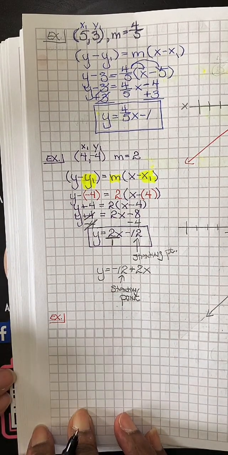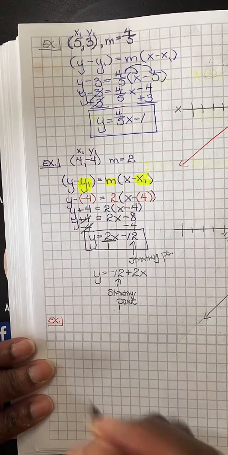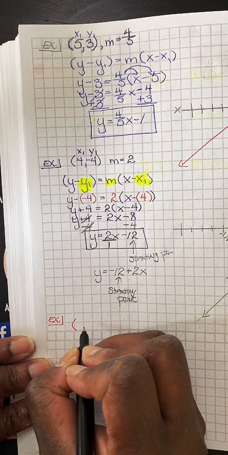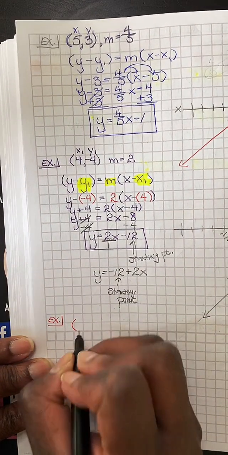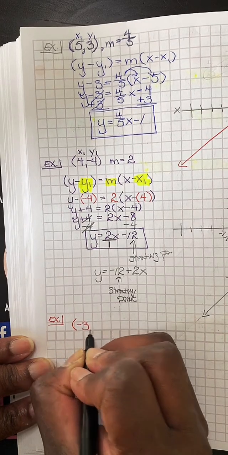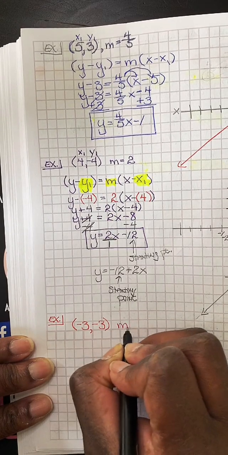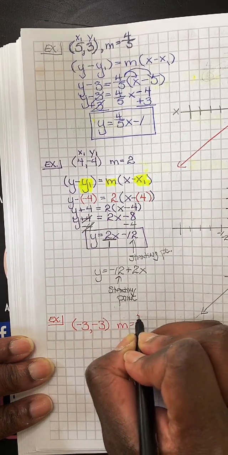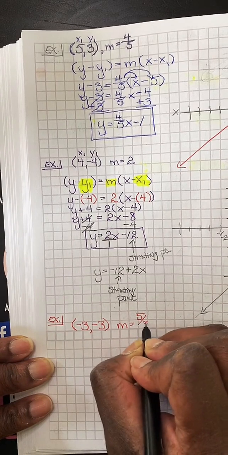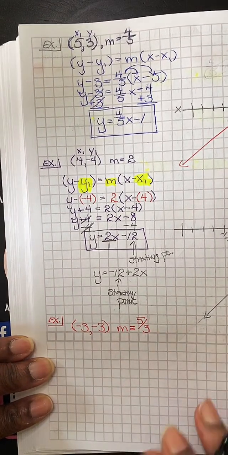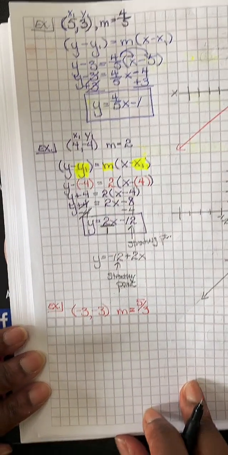Let's see. All right, so let's say that we have the point -3, -3, and my slope is 5/3. And I know there's some people that are cringing because it's an improper fraction.